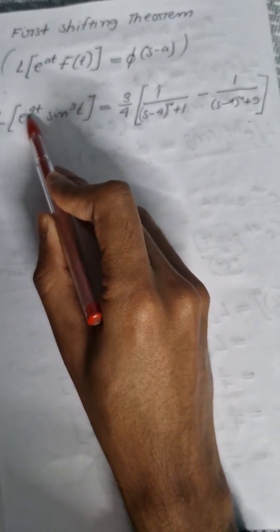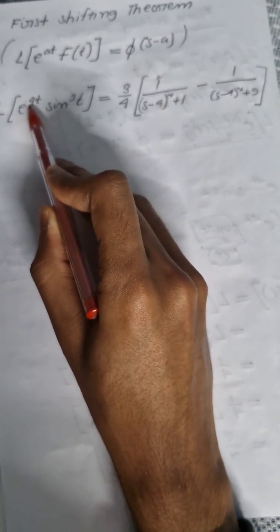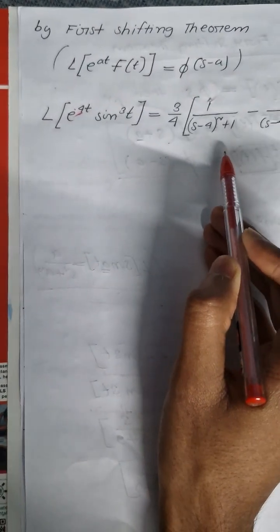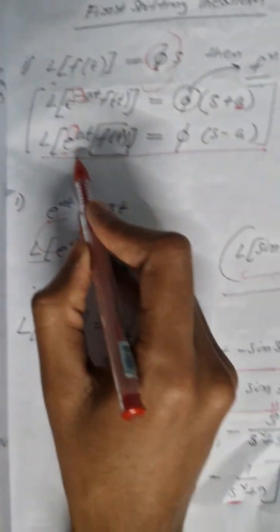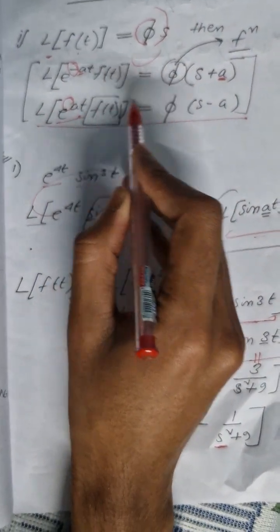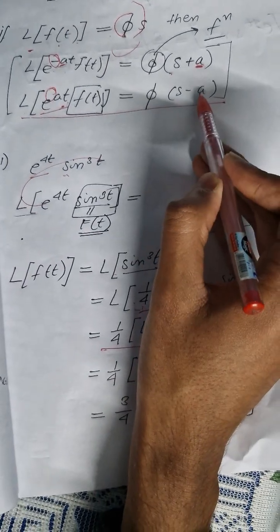Here 4 was the constant and s is some variable. As you can see, a was the constant, and it comes here as s minus a.